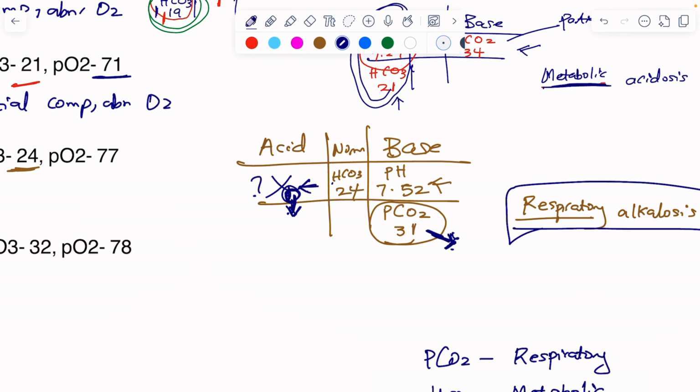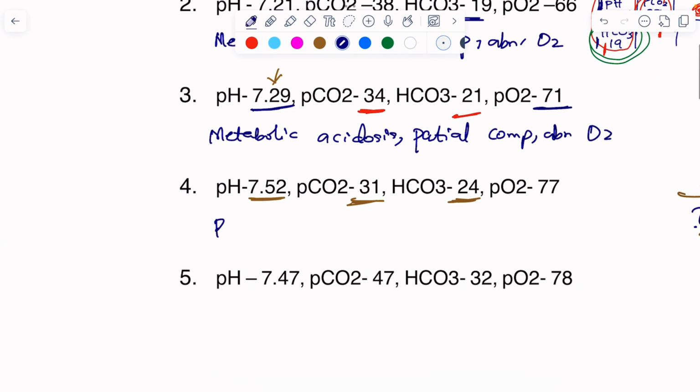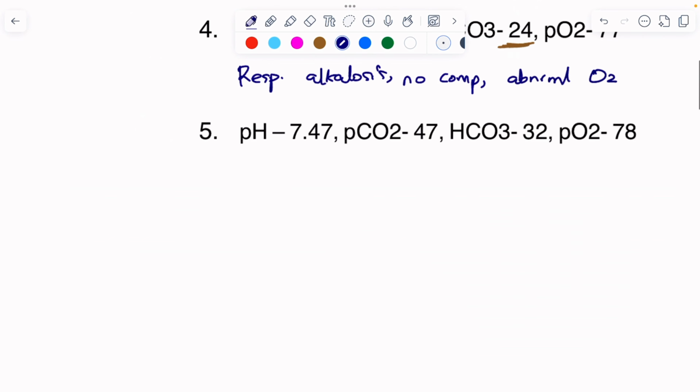It's just normal, as you can see. So we'll come here to write respiratory alkalosis, no comp, abnormal O2.